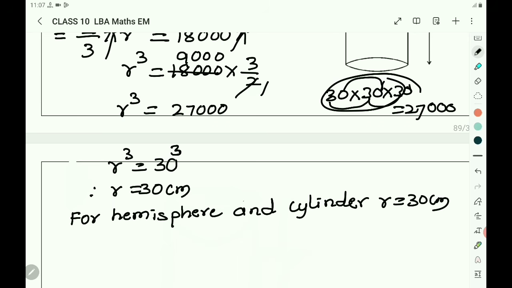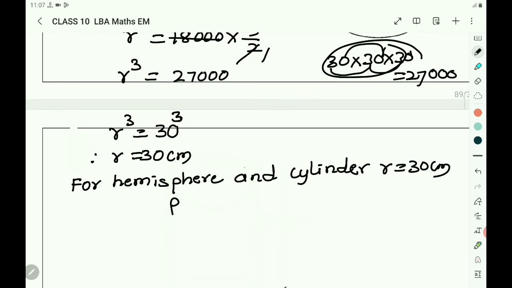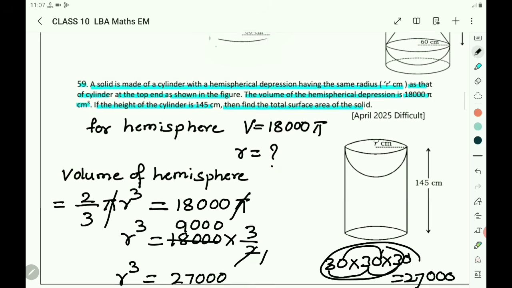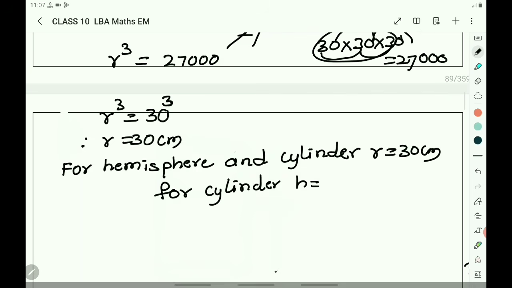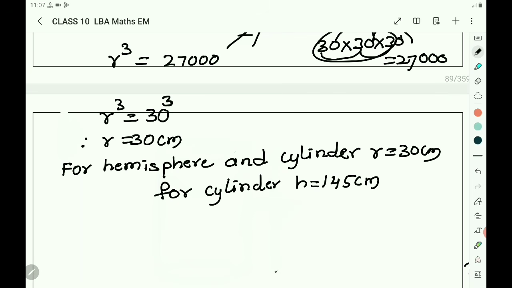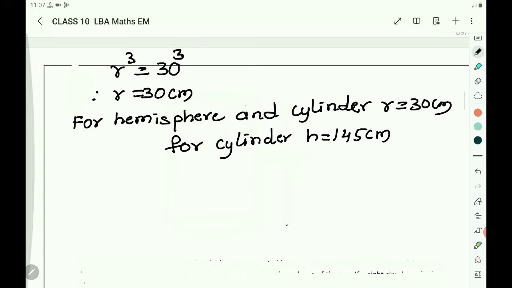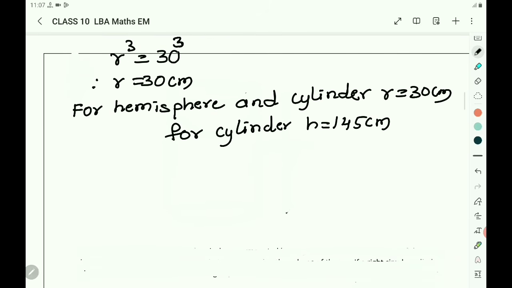You got 30 centimeter. And for cylinder, h equals height of the cylinder is given how much? 145 centimeter. Then you write the formula for the TSA of the solid.